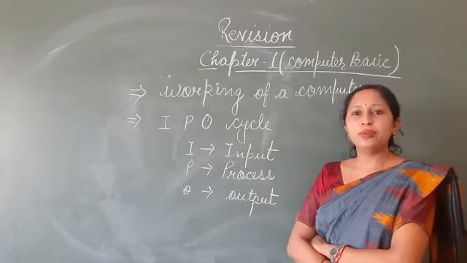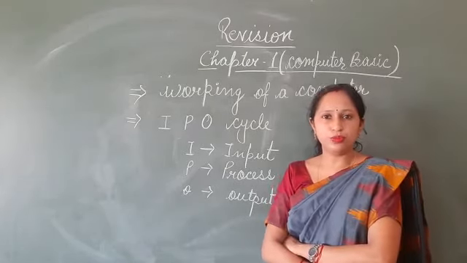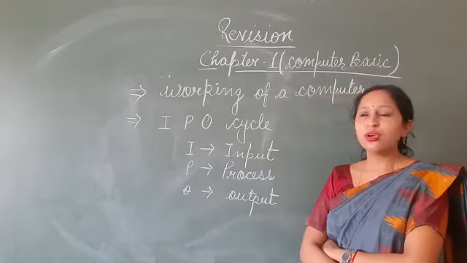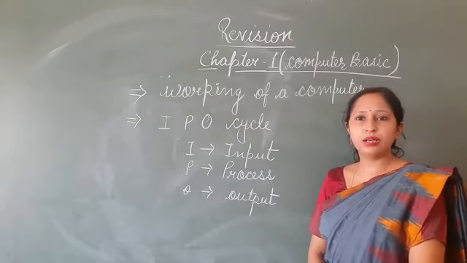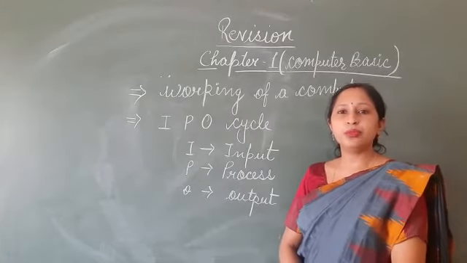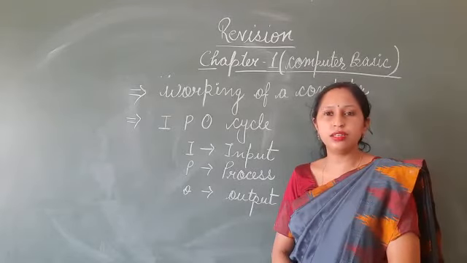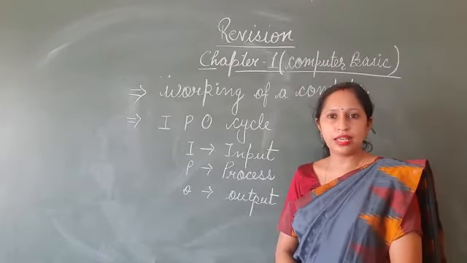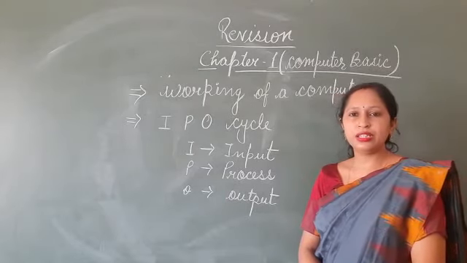So the IPO cycle stands for input, process and output. Do you understand it? So the overall working of a computer is known as the IPO cycle. The whole system is known as the IPO cycle. Okay, do you understand it? Let me repeat it again.